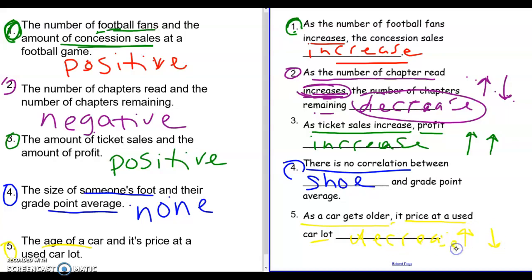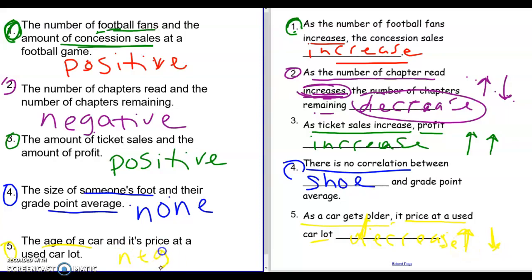Now that's assuming normal wear and tear and not this whole idea of a classic car increasing value as it gets older. So as one increases, the other decreases. Notice if these are going in opposite directions, that means it's going to be a negative correlation.